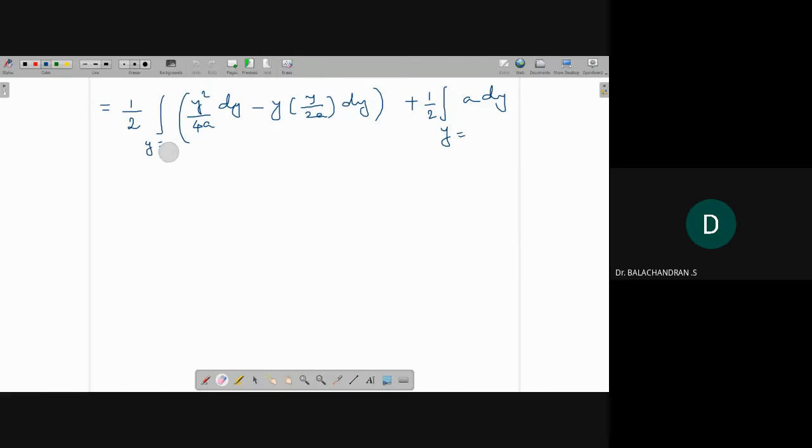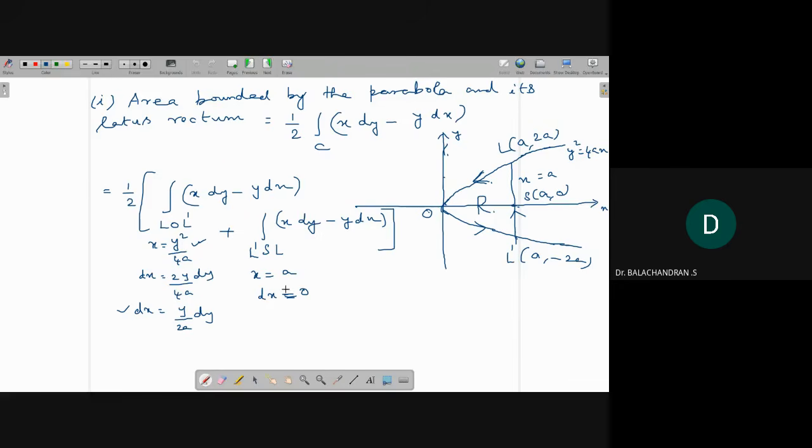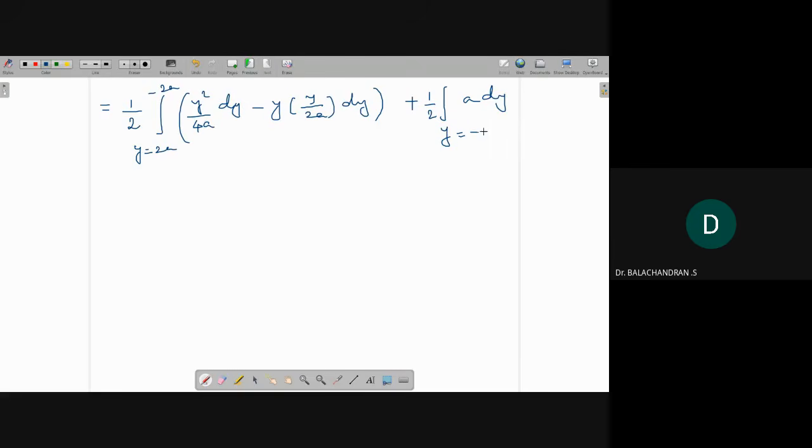Here y equal to 2a to minus 2a. And in this line, y varies from minus 2a to plus 2a. The remaining part is calculation.